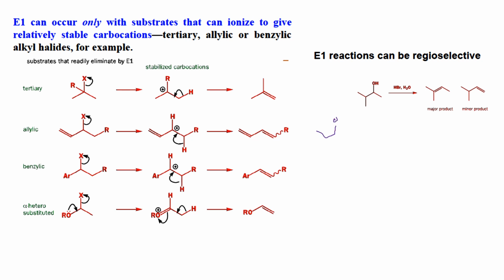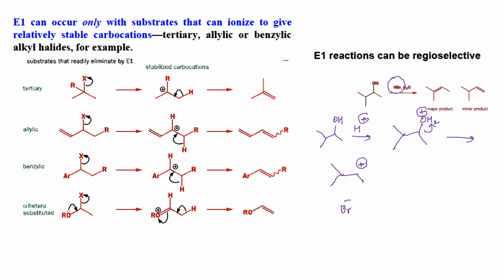So this is the substrate that you have, and you can see that the reagent is HBr. In the first case, the proton will be added that will convert the OH into OH2 plus, which is a better leaving group. So this will leave to form the corresponding carbocation. So the formation of carbocation is very important in the E1 reaction. Now after the carbocation is formed, the base, in this particular case Br minus, will be acting as the base.